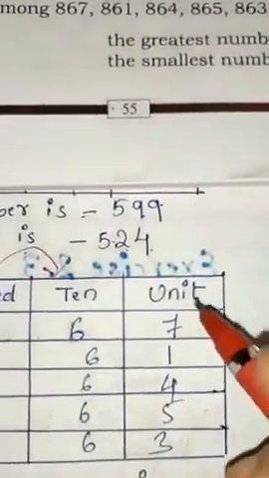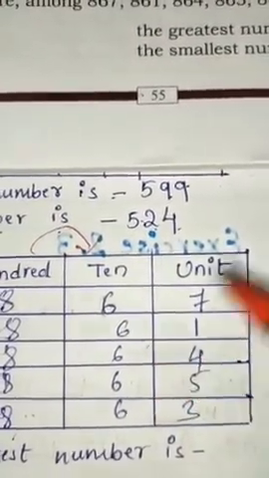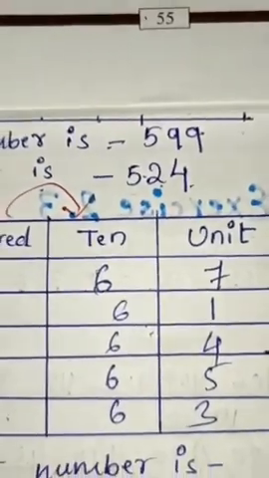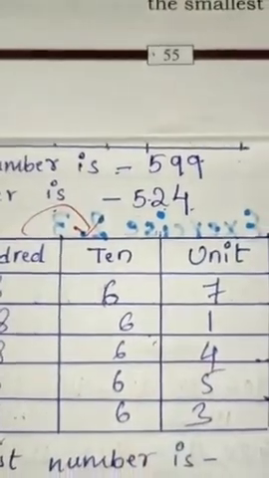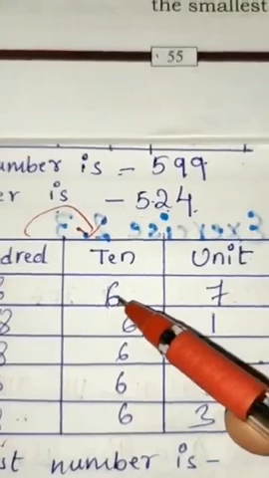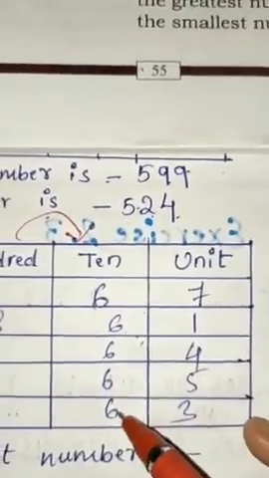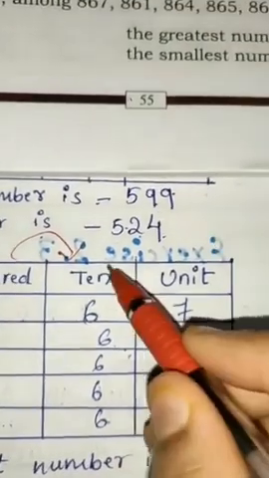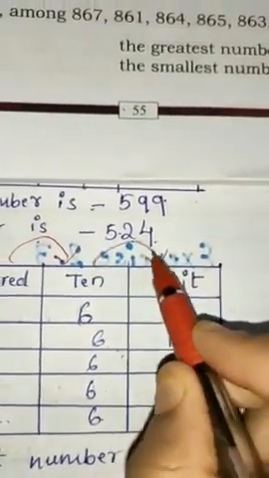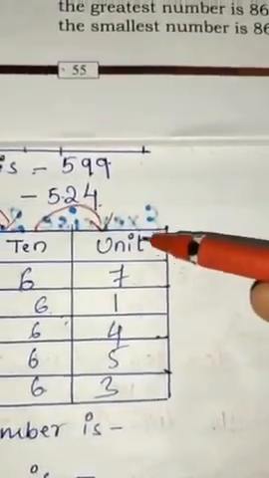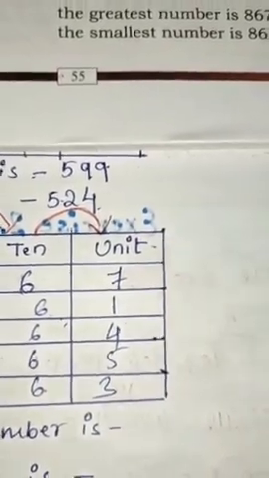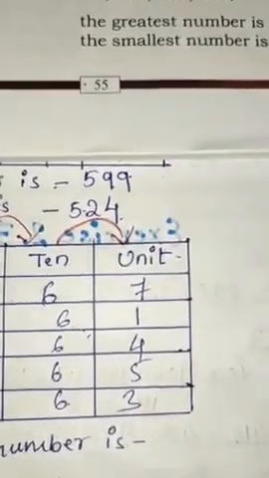So now come to the 10th place and tell me which is the greatest digit here. No, we can't say because all the digits are same only. 6, 6, 6, 6, 6, right? So this time what you have to do? Yes, very good. You have to move to the next place, that is, you have to come to the unit place. Now you compare the digits in the unit place.